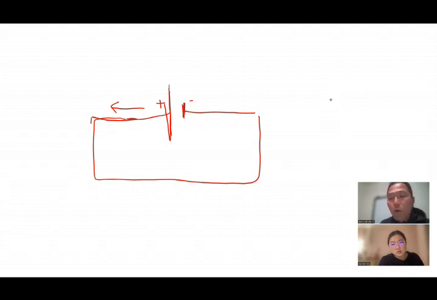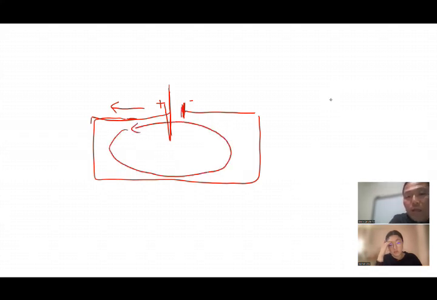So it's not like a capacitor. Okay, I think I'm just mixing up the two. Yeah, this connection, this current flows all the way across this battery too, from minus to plus.